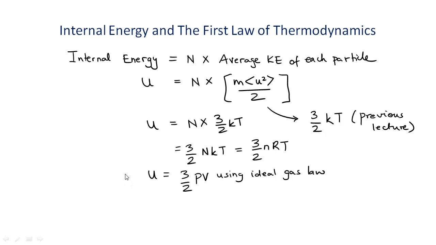The question now is, how can the internal energy of our system be changed? The first way is by heating or cooling the gas, that is changing its temperature by supplying heat to the gas or removing heat from the gas.